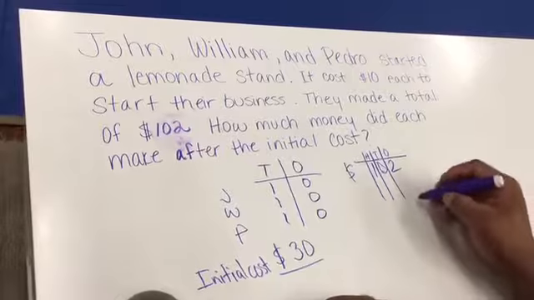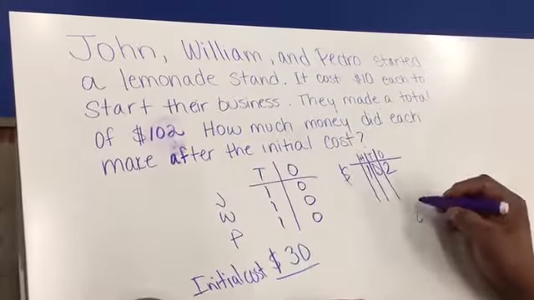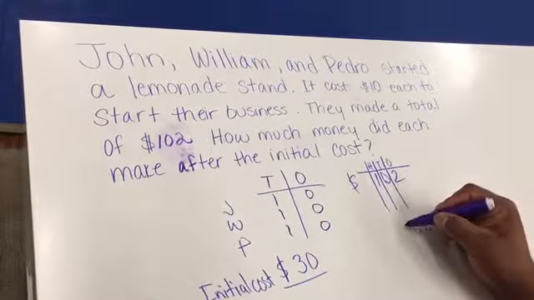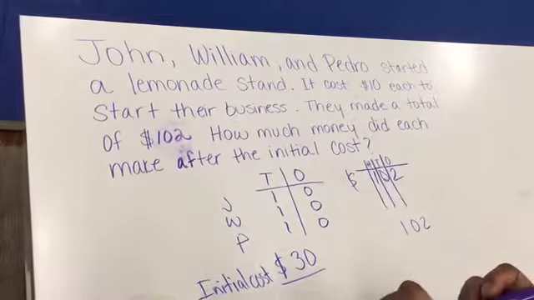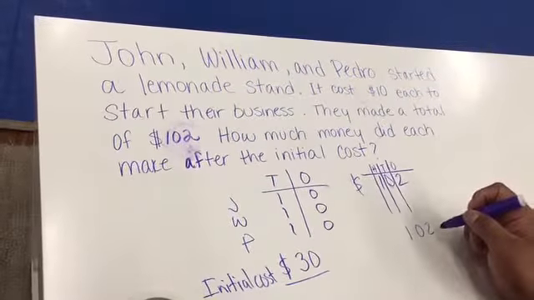So we know that they had 2 ones, 0 tens, and 1 hundred, 102. We're gonna represent this with our base 10 blocks in just a second.